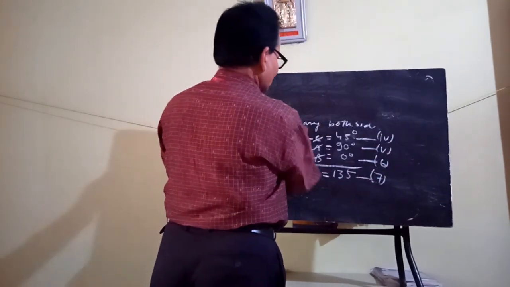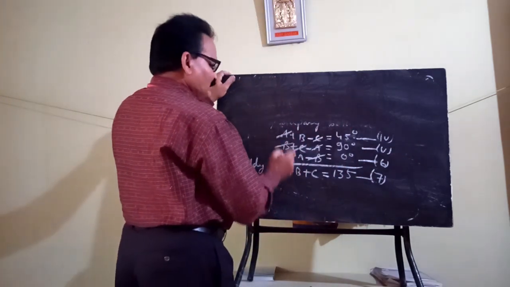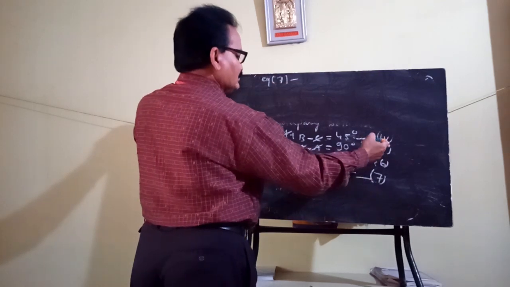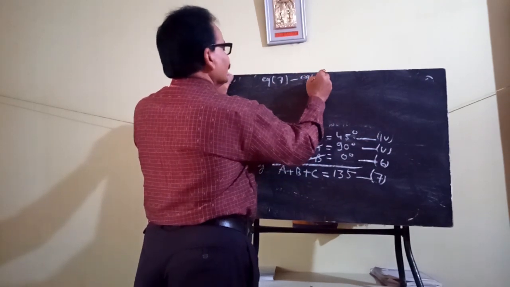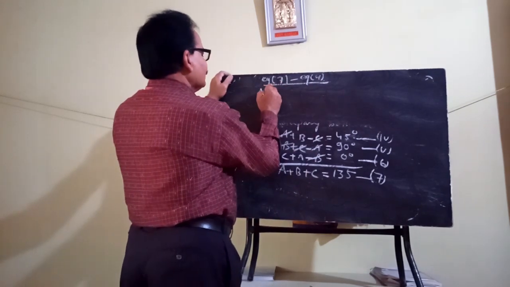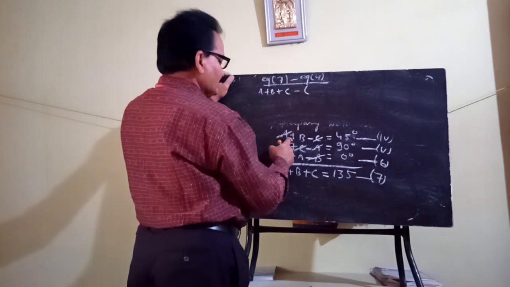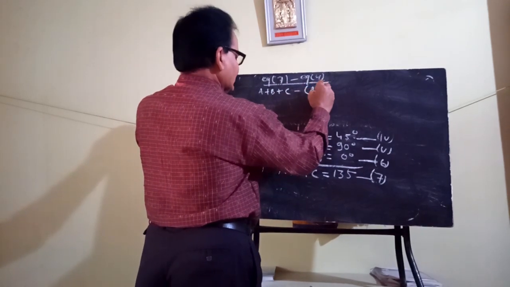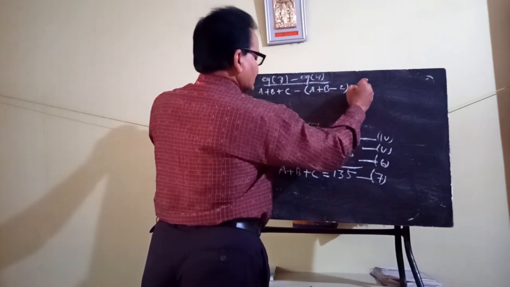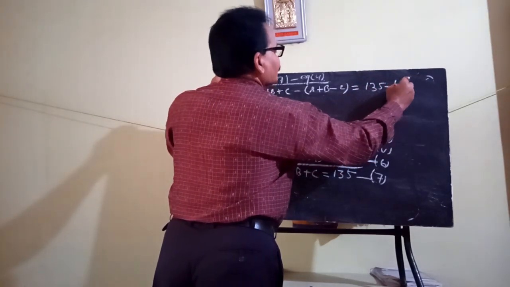Our target is, if you subtract equation 4 from equation 7, what will happen? Your equation 7, a plus b plus c, minus equation 4, a plus b minus c, that means 135 minus 45.